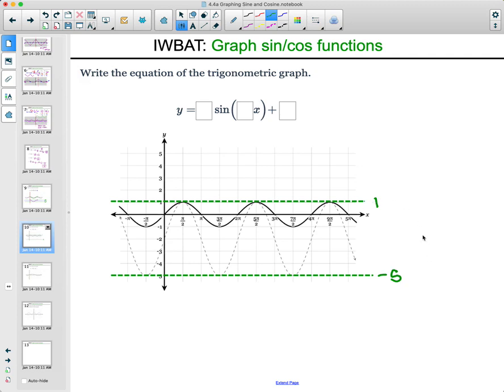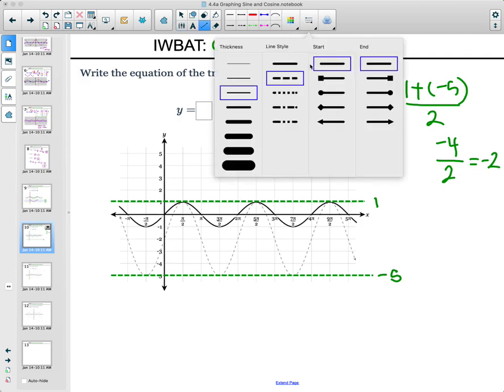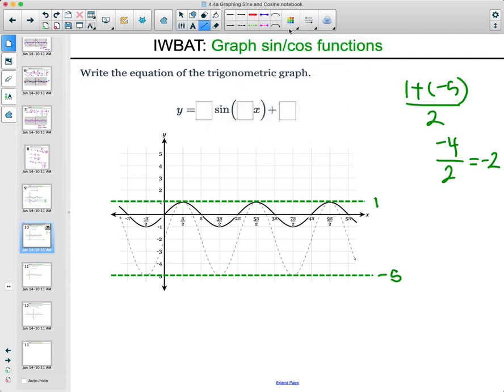Okay, so we need to find the middle of that. So you can do 1 plus -5 and just find the average, divide by 2. So that's going to be -4 divided by 2, which is -2. So the k value is going to be graphed down here at -2.